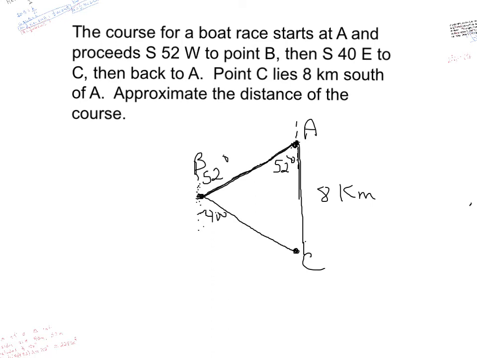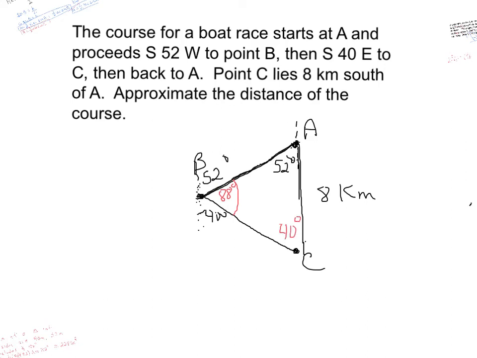So we can find the inside angle, 180 minus 92 is going to be 88 degrees. And then we can find angle C. We have 180 minus 140 degrees. So C is 40 degrees.